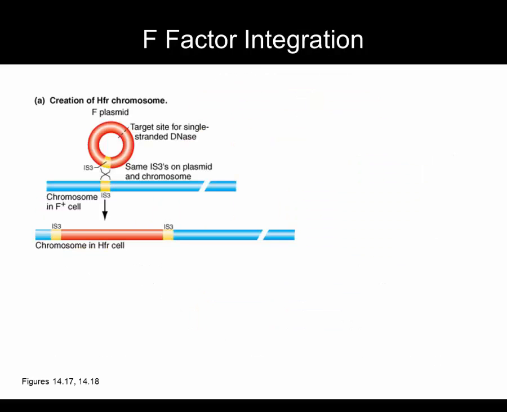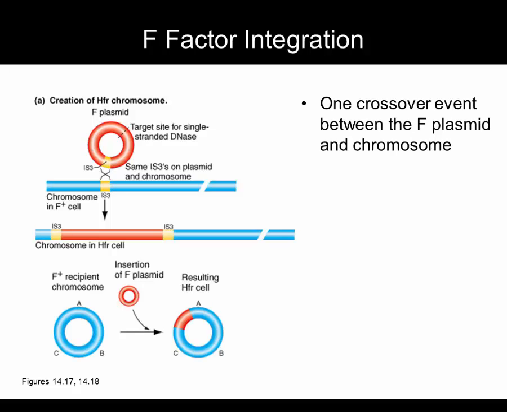Well, to start with, the F factor can actually become part of the chromosome. A single crossover event between two circular pieces of DNA results in one large circle containing the DNA of both parts. But for there to be a crossover between the chromosome and F factor, they need to share a homologous sequence.